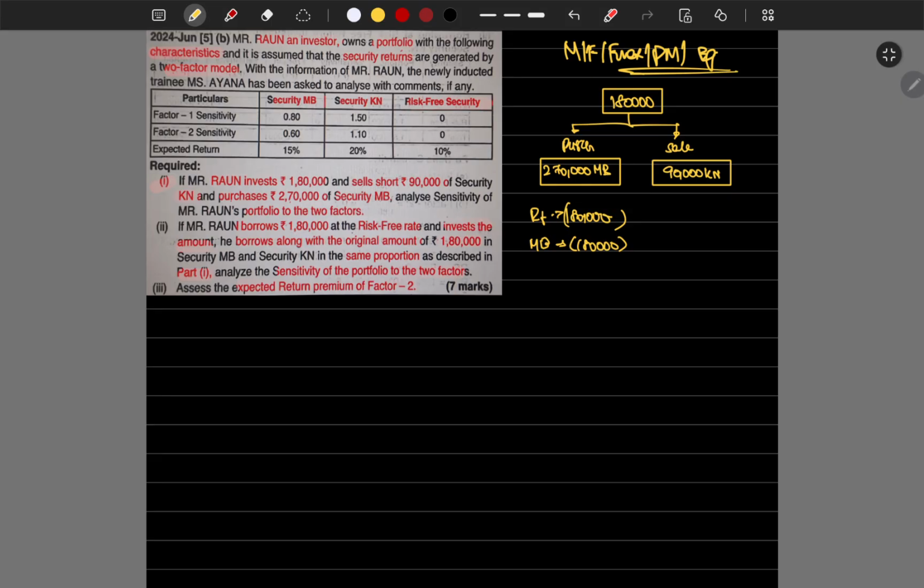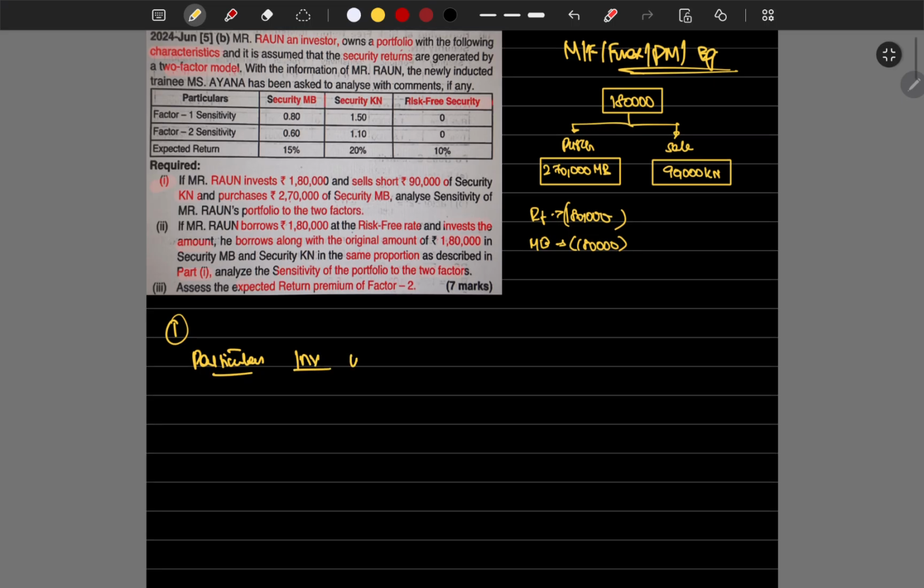Now, how can we solve this? One single table only, there are not many steps. Okay, let's quickly go by that. Particulars, which is nothing but the stocks, investments. We have to find the weights.